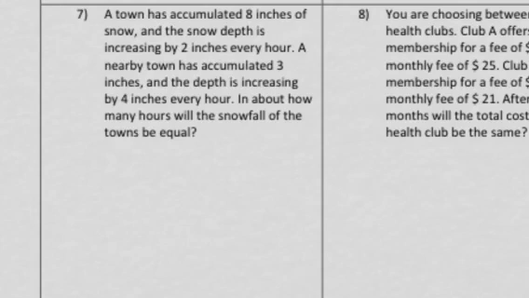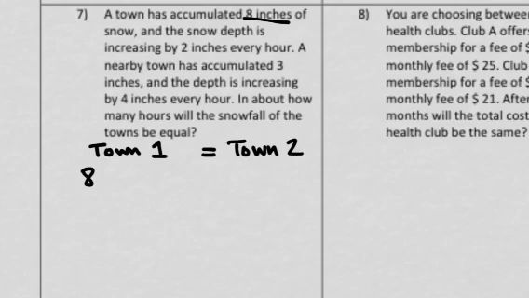So what we need to do is we need to know when town 1 is equal to town 2. That's the question. So town 1 has 8 inches already, so we start with 8. And it's increasing, so we add 2 inches every hour. So 2 times the number of hours, I'll call the number of hours x.